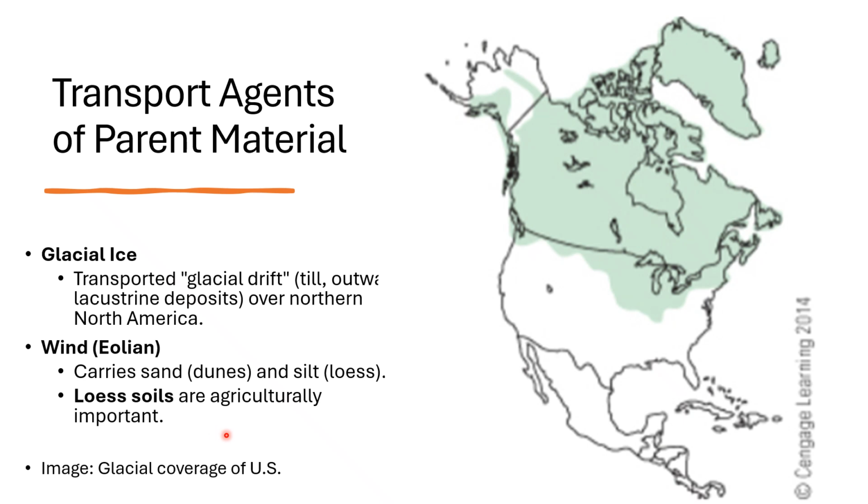And it's really great for agriculture. It's very fertile, and you get a lot of that in Iowa and Illinois. This image here relates to glaciers of North America. This is kind of the most southern the glaciers made it.